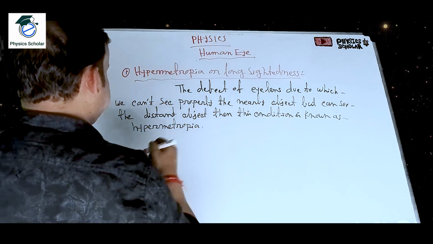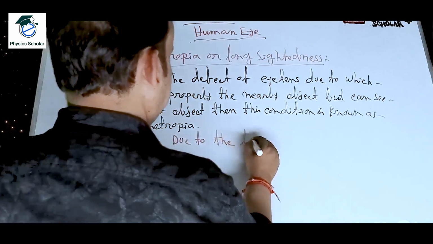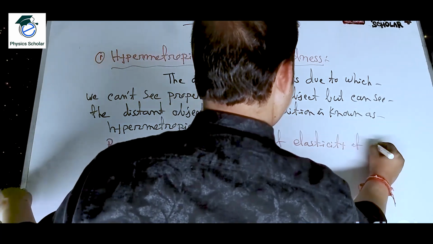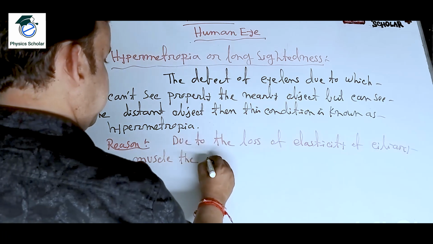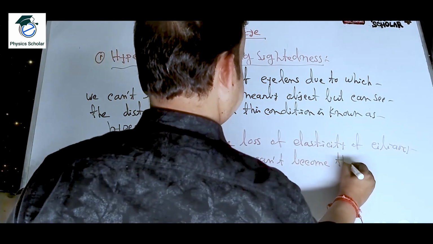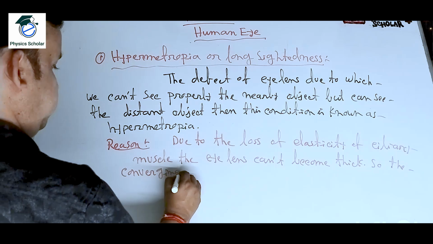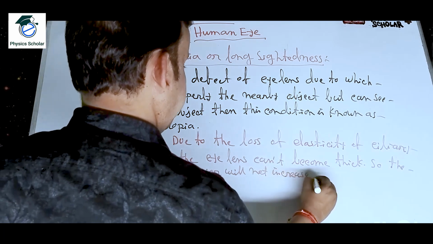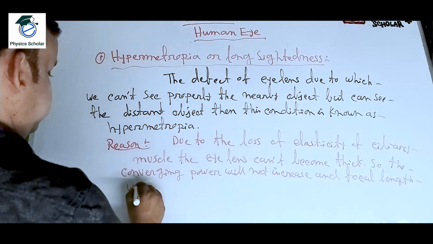Why does hypermetropia occur? Reason: due to the loss of elasticity of the ciliary muscle, the eye lens can't become thick, so the converging power will not increase and the focal length will increase.